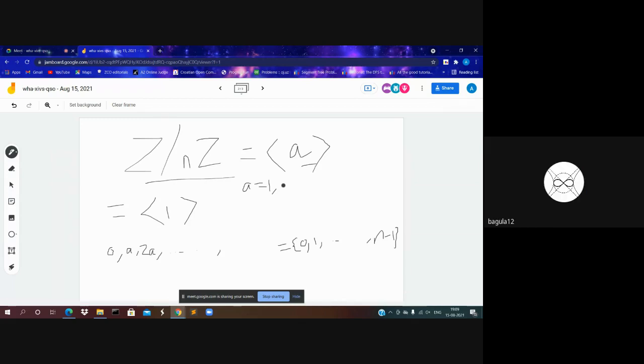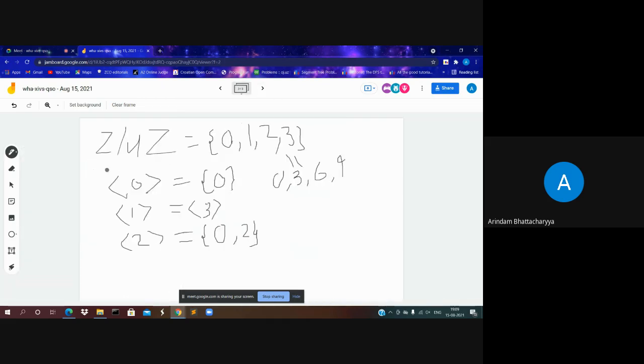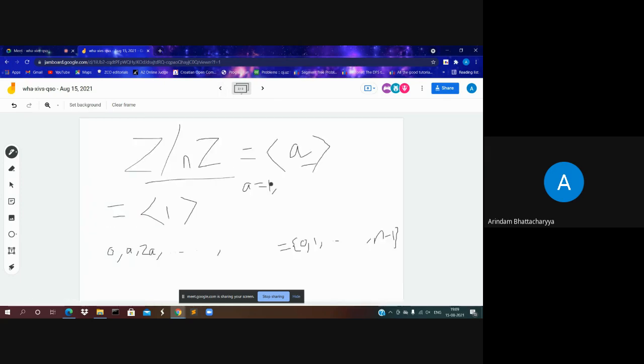We have to generate the whole group using A. For example, Z mod 4Z can be generated by both 1 and 3. And here also, if A is equal to one, this group is generated, and we have to find all the other possible values of A that generate this group.